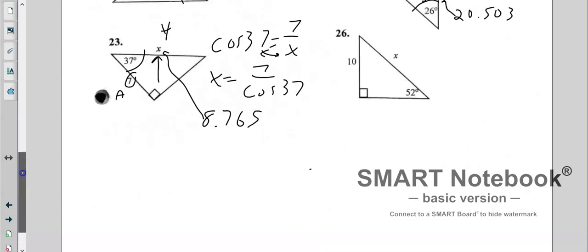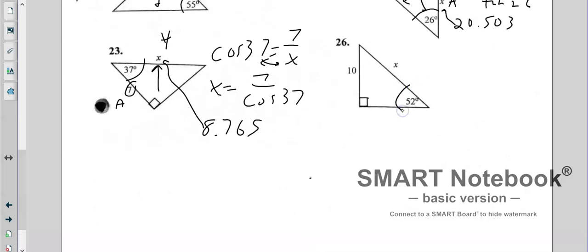And last one of these right here. Here's our angle. We do have the hypotenuse again. And from 52, 10 is all the way over here, opposite. Sorry, sine. I don't know why I did that. Sine is SOH. Cosine is CAH. I need an A. So sine of 52 equals opposite over hypotenuse. Again, the switcheroo.